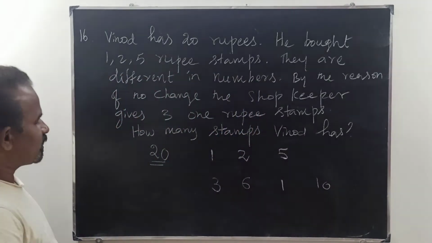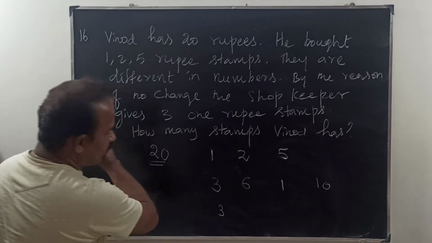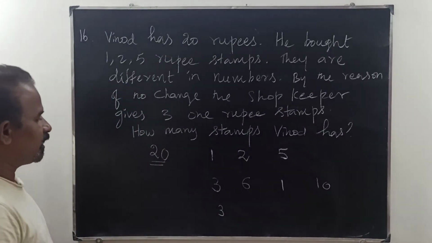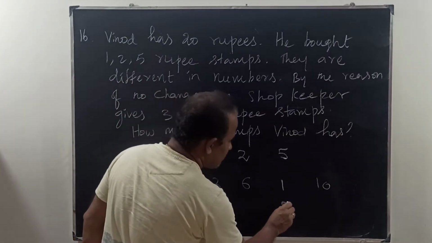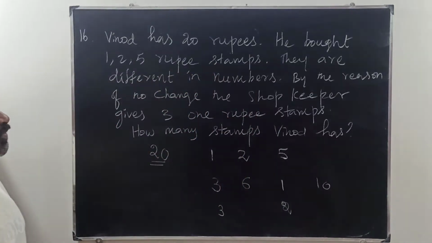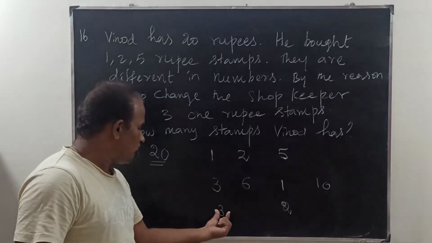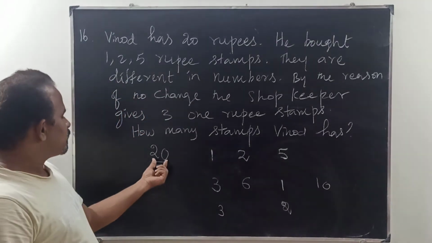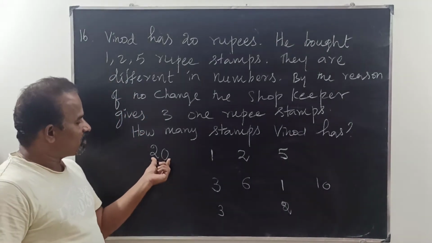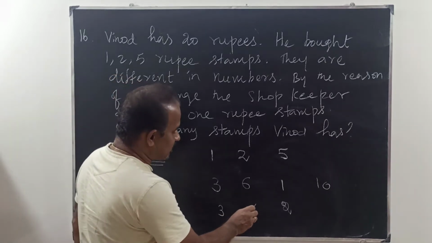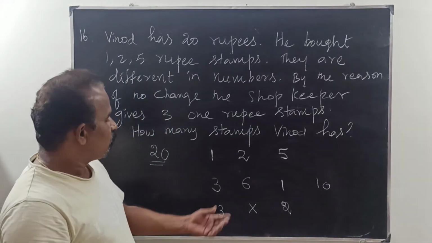Another possibility: because 3 is fixed, suppose he purchased 2 5 rupee stamps. So this is 10 rupees, this is 3 rupees, so 13 rupees. Remaining is 7 rupees. So we cannot purchase 7 rupees with 2 rupee stamps.